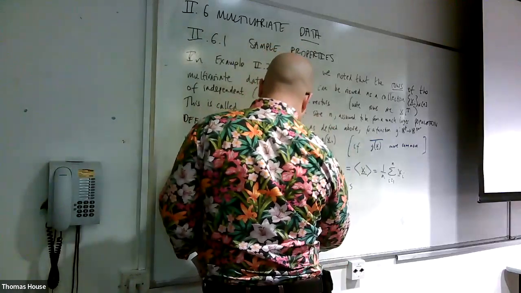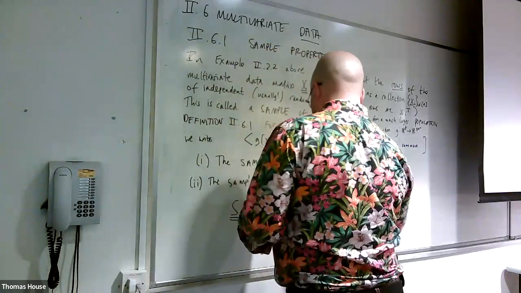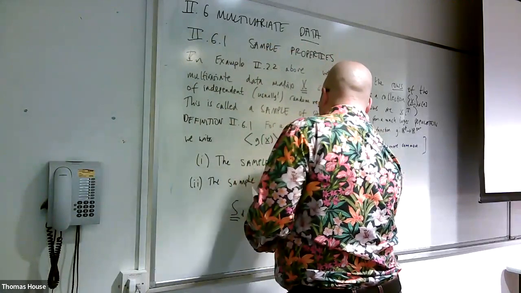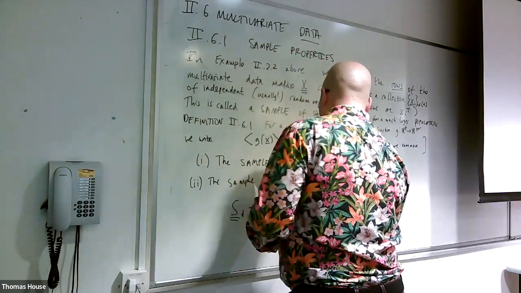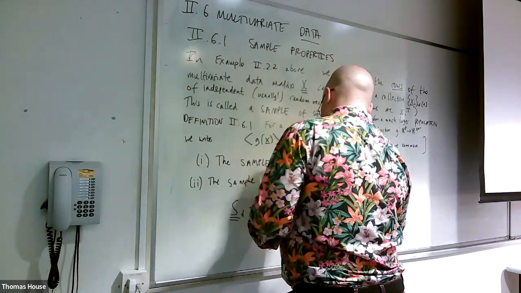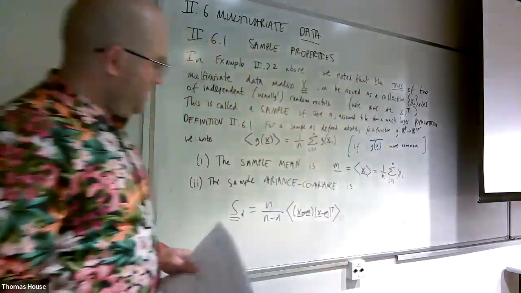So this is n over n minus d times the sample average of (x minus the mean)(x minus the mean) transpose.